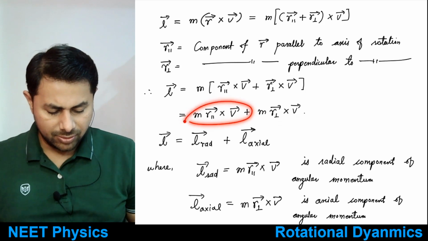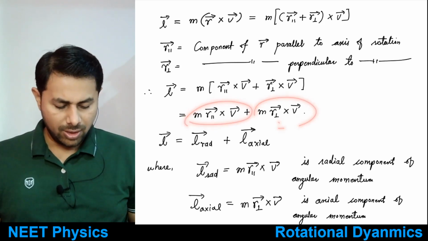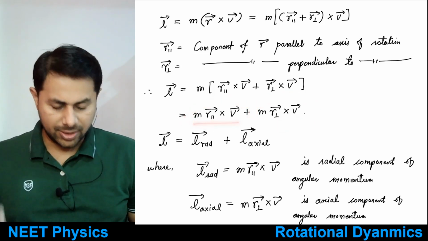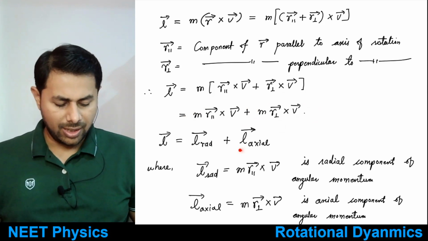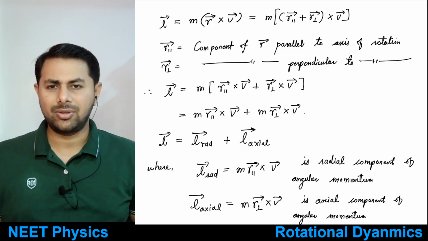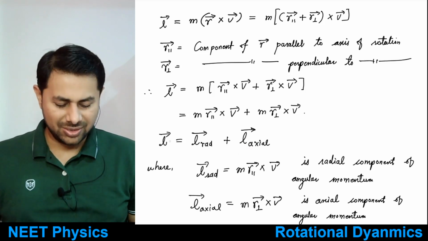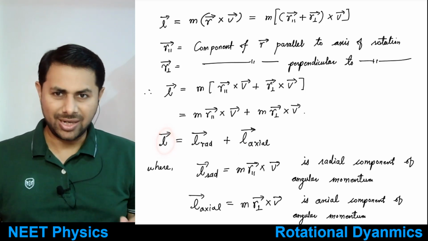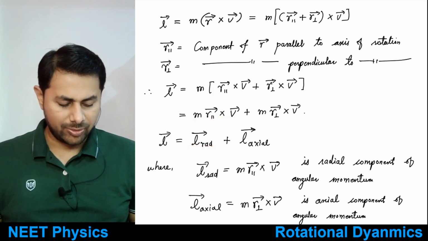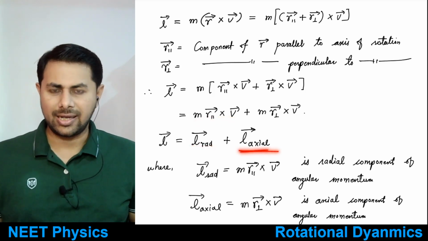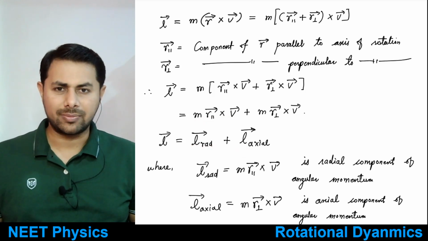So out of these two terms, now one term is the radial component of angular momentum and one is the axial component of angular momentum. Okay, so this is total angular momentum. This term is the radial component of angular momentum and this term is axial component of angular momentum.